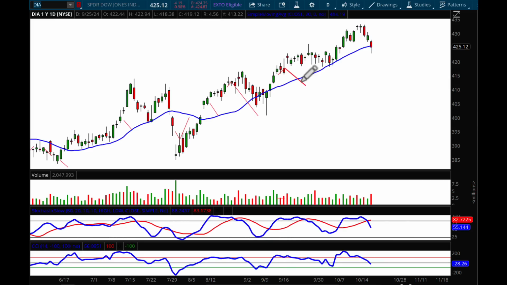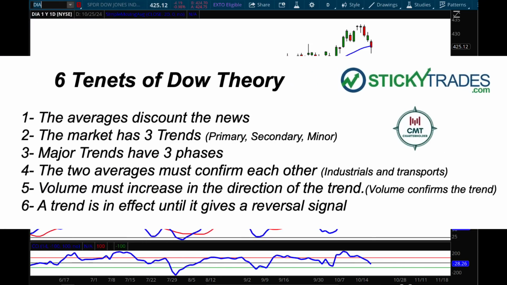Now, using my 7-point trading checklist, I look at the candle and then I analyze the volume and how that relates to the candle, because volume is actually a leading indicator, not a lagging indicator, as some may think. This is according to Dow theory. Charles Dow, over 100 years ago, stated that you need to see volume increasing in the direction of the trend in order to confirm the trend.